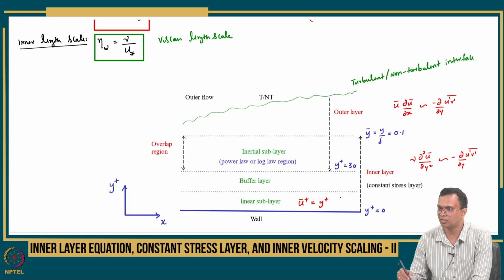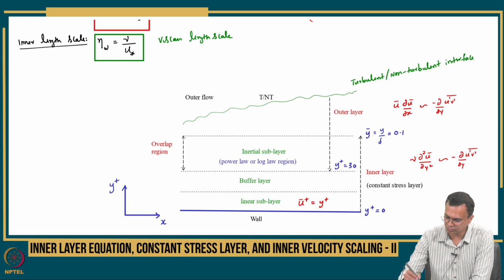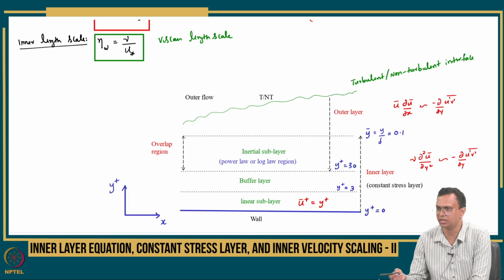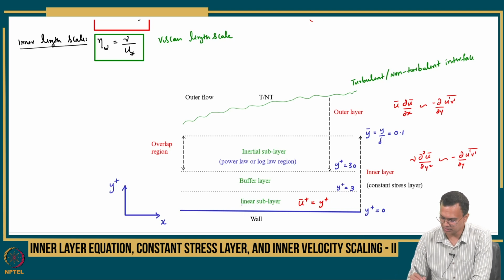So the behavior of the velocity is linear there, and the cutoff for that is about y plus equal to say 3, sometimes 5 in the literature, 3 to 5. So within this zone y plus equal to 3, you have a linear sublayer, sorry, u plus is equal to y plus.